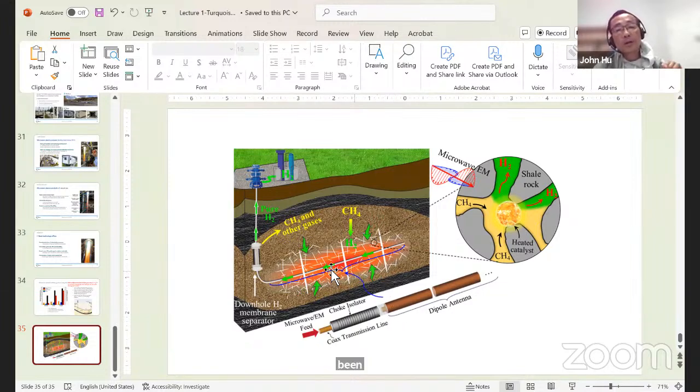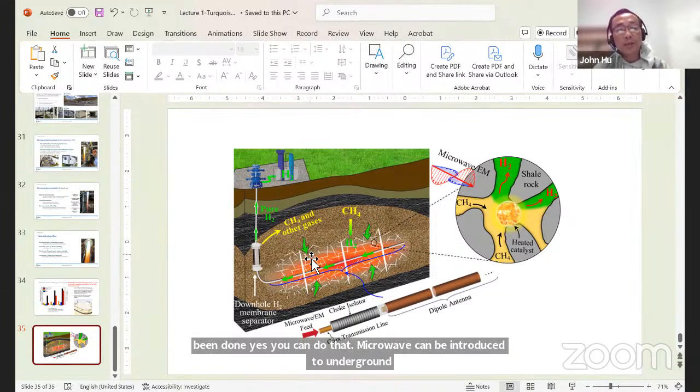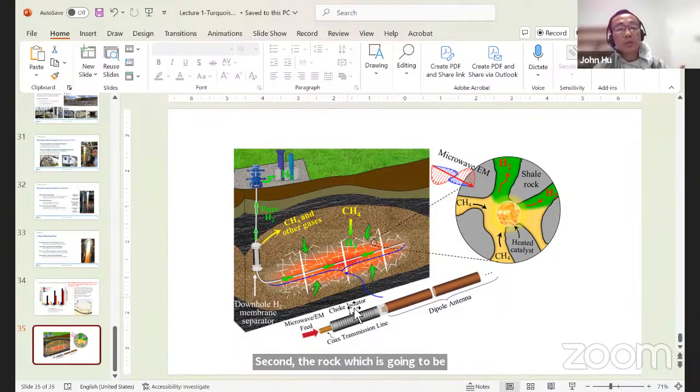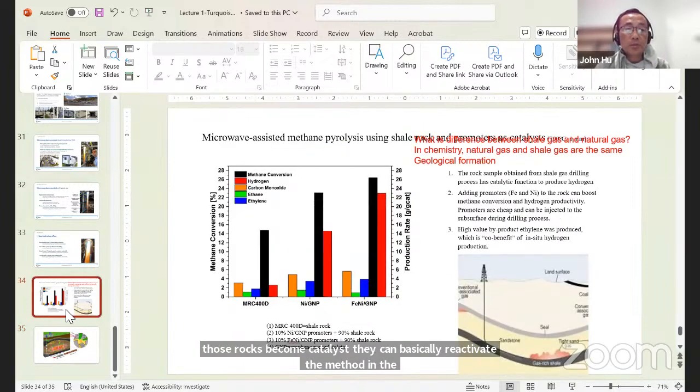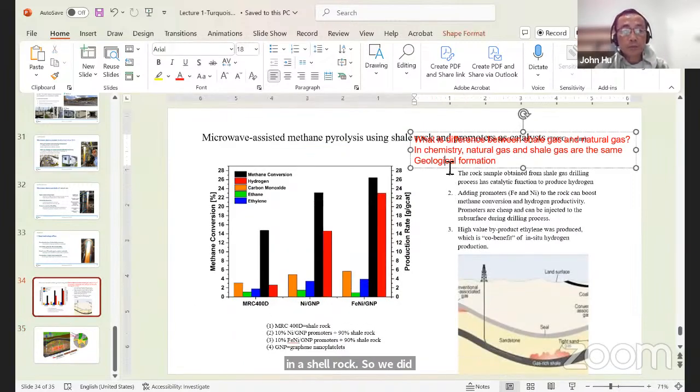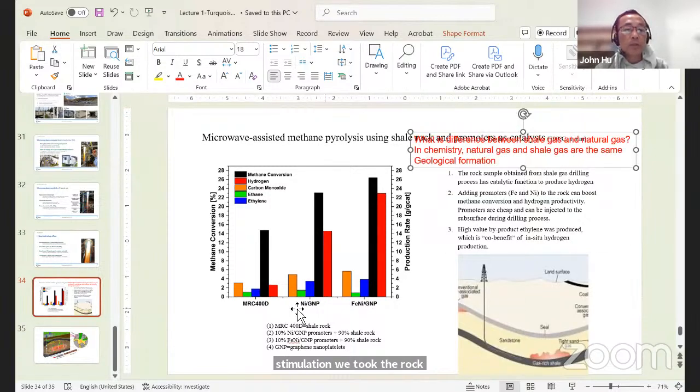Second, the rock, which is going to be the catalyst, needs to be sensitive to microwave, so that under microwave irradiation those rocks become catalyst. They can react with the methane in the shale rock. So we did a simulation. We took the rock from the drilling and brought it to our laboratory and did testing.